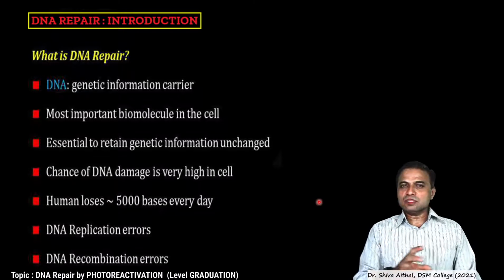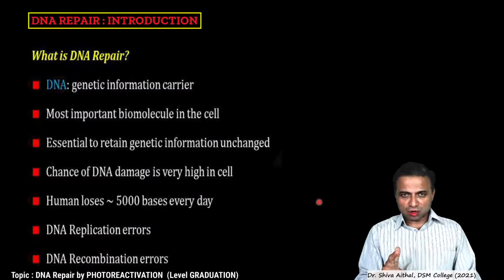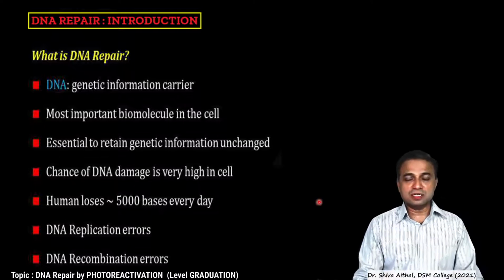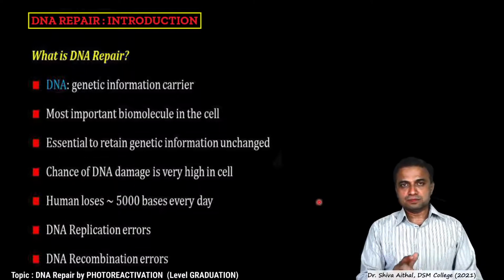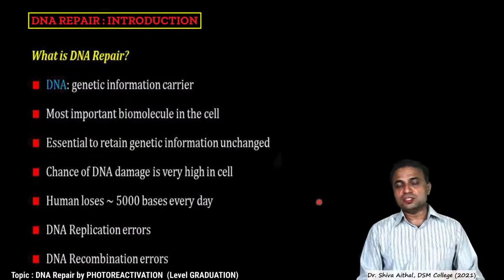The chance of DNA damage is very high because of the processes; as you know, 5,000 to 10,000 bases in a human body are constantly replaced every day, and even in a eukaryotic system, in 1000 bases, one wrongly incorporated base exists. So DNA replication errors are there, and DNA recombination errors are there.